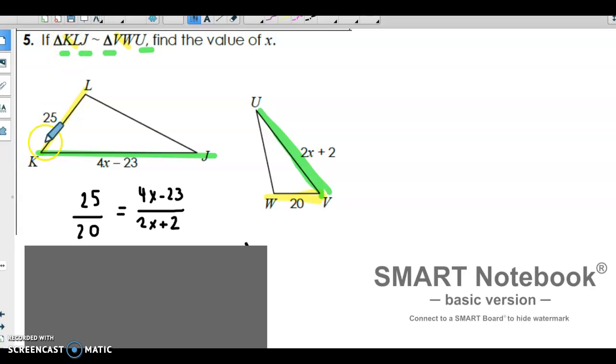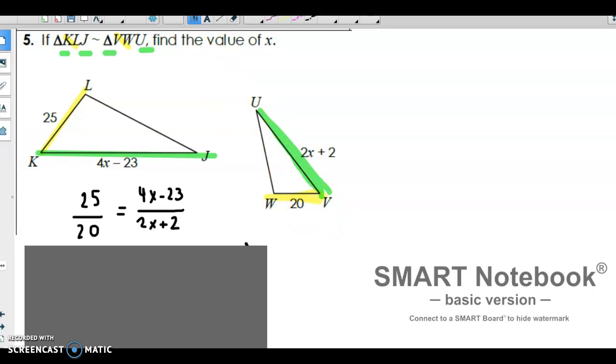So KL, those are my first two letters in the triangle KLJ, which means side KL is going to correspond to side VW, the first two letters in triangle VWU. Again, side KJ, we have the first letter and the last letter. I have that one highlighted in green. That is going to correspond with side VU, the first letter and the last letter.